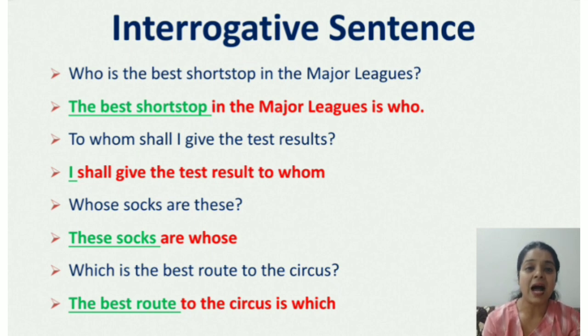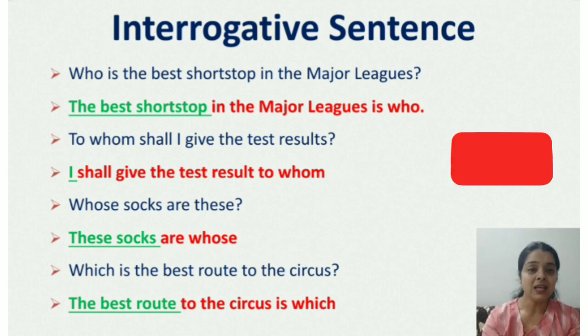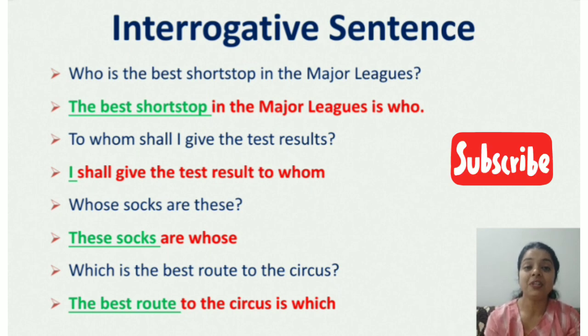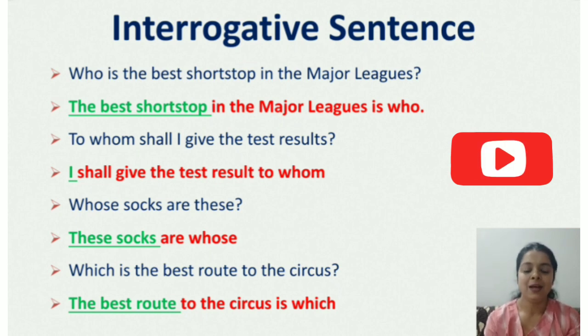Here the sentence is starting with the word I. Next is, these socks are whose? So here we have these socks because we are talking about the socks. So these socks are the subject. Which is the best route to the circus? The best route. Here we find what we are talking about. We are basically talking about the best route to the circus. So the best route is actually the subject.